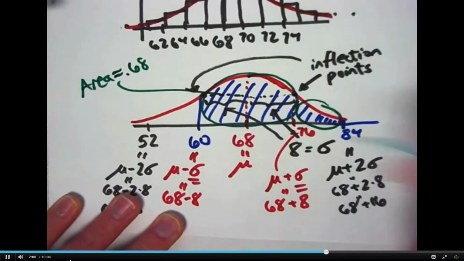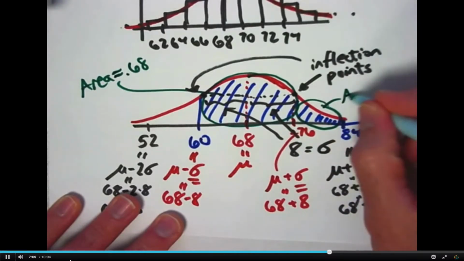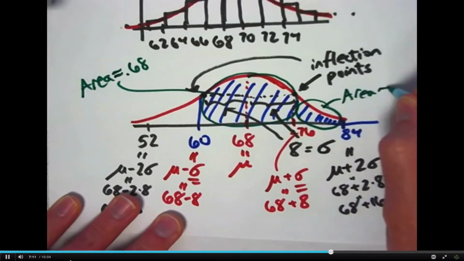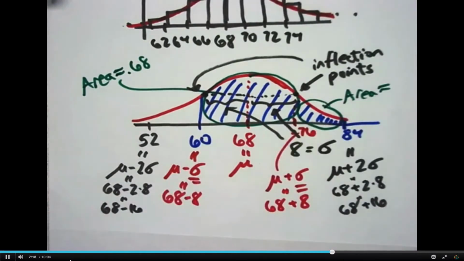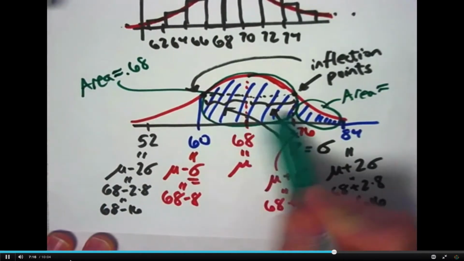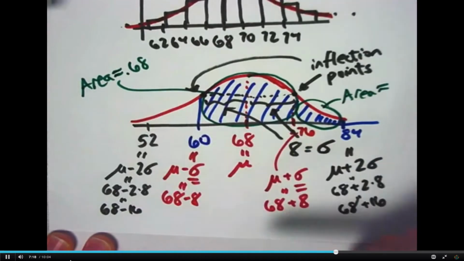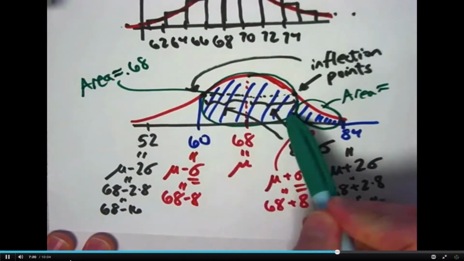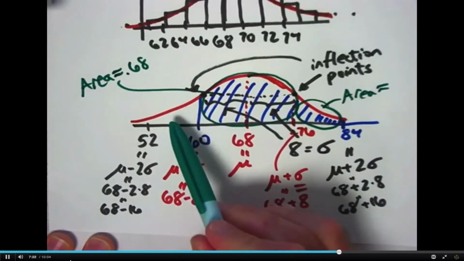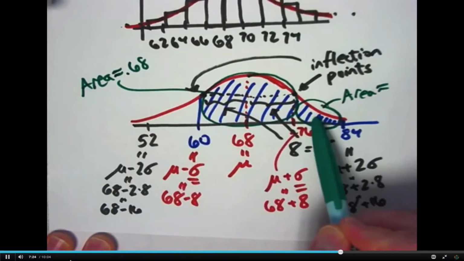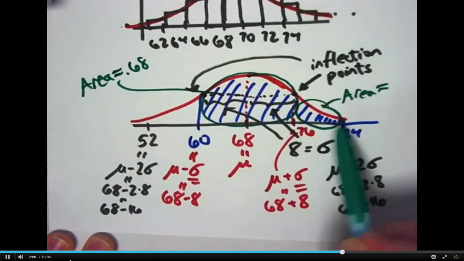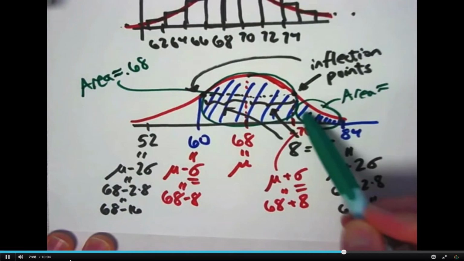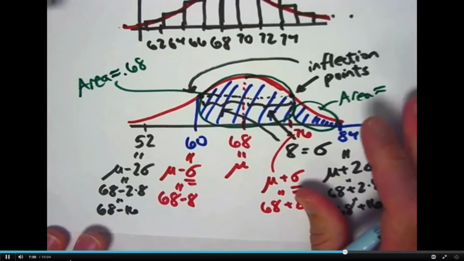The other part to the blue shaded area right there, we can figure out the approximate area of that as well, though it's a little trickier. Now I said the area here is 68%, 0.68, within 1 standard deviation of the mean, and the area within 2 standard deviations of the mean, between 52 and 84, under this curve, is about 0.95.